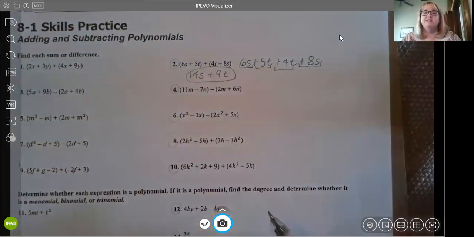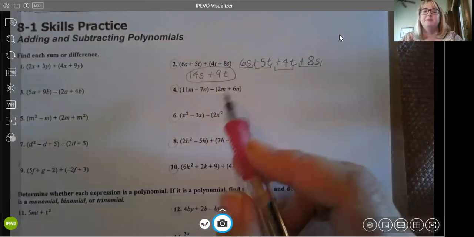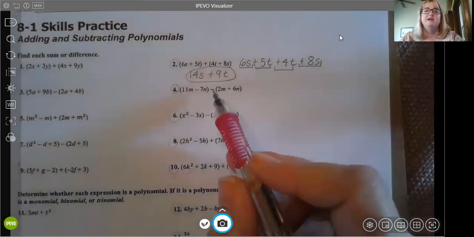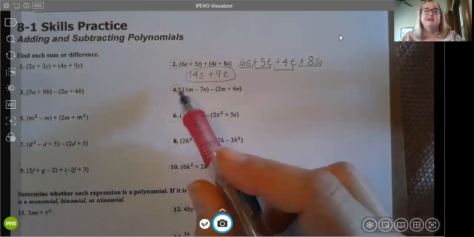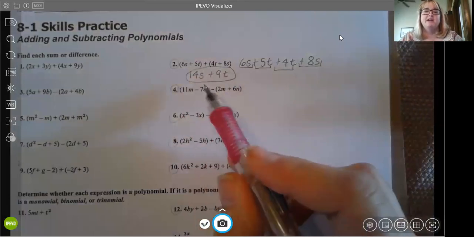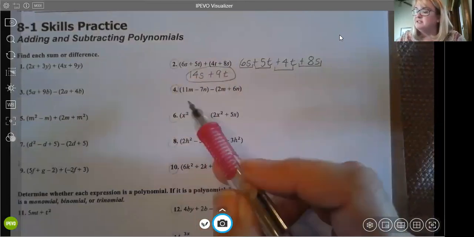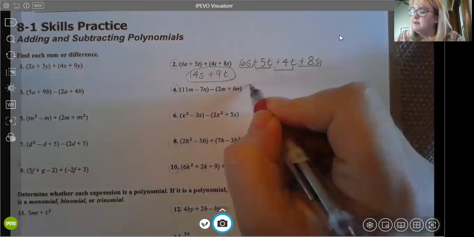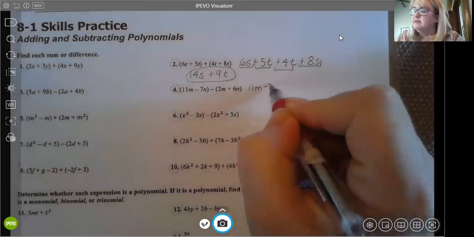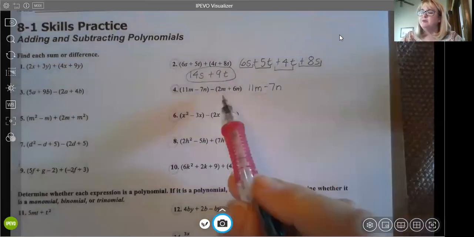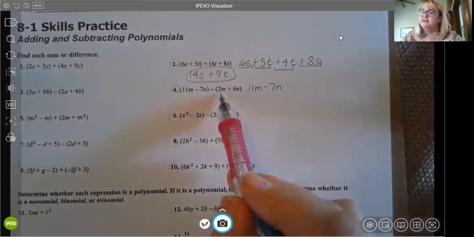Now 4 is a little bit different because of this minus sign. But this first grouping right here, we can just drop the parentheses and write 11m minus 7n. But this second grouping, we have to distribute the negative sign.